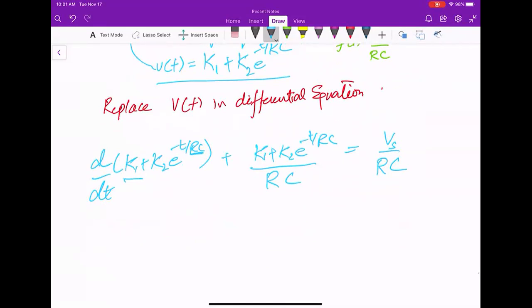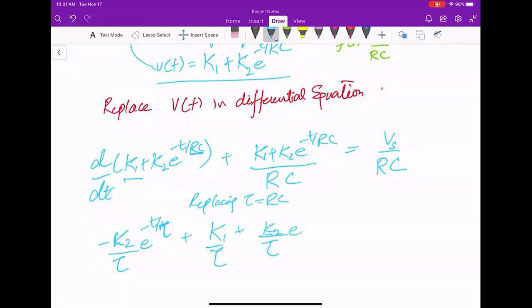K2 will become minus K2 by tau, e to the minus t by tau. And here it will become as it is, K1 by RC or tau. Replace tau equal to RC. K1 by tau plus K2 by tau e to the minus t by tau is equal to Vs by tau.